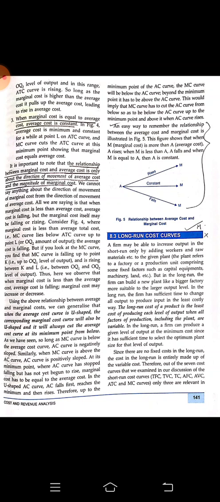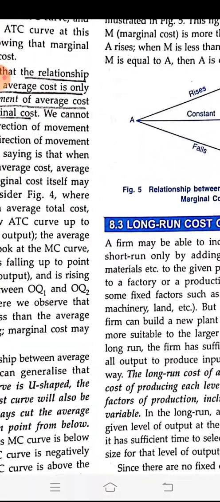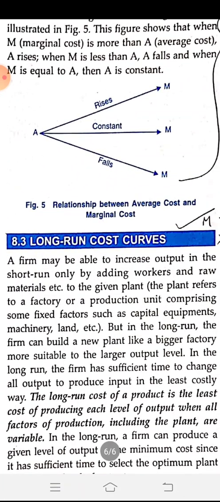So this figure shows when M, that is marginal cost, is more than A, you can see M is written up, where the line rises. The figure shows that when marginal cost is more than average cost, A rises. That means average cost is rising.